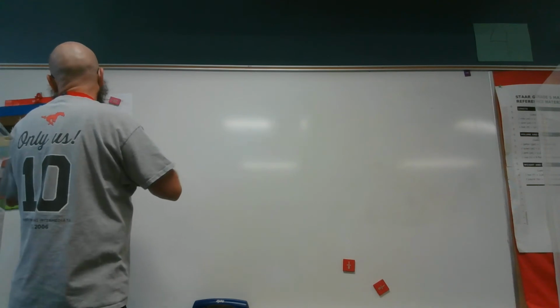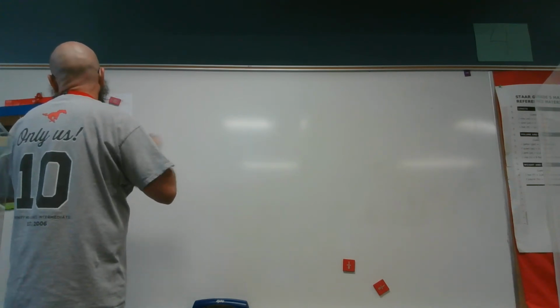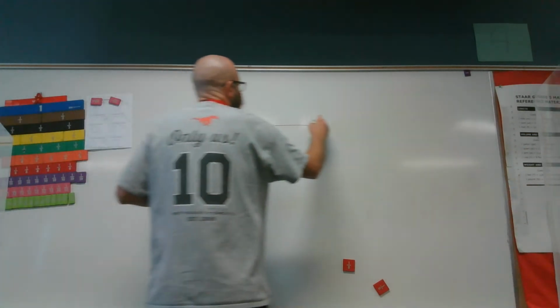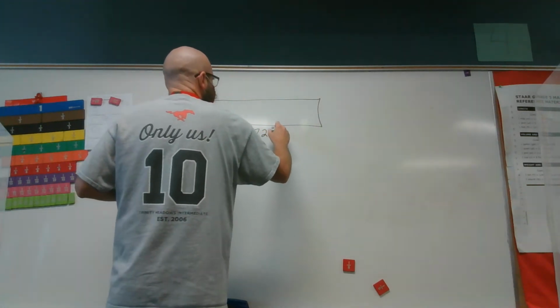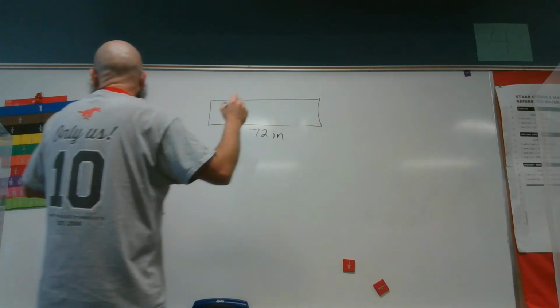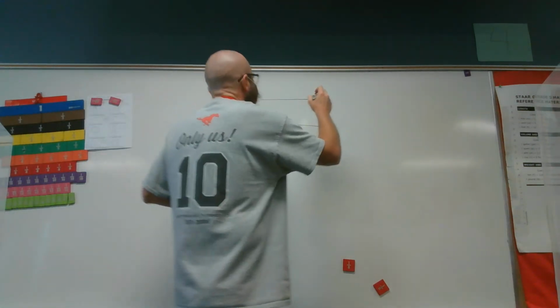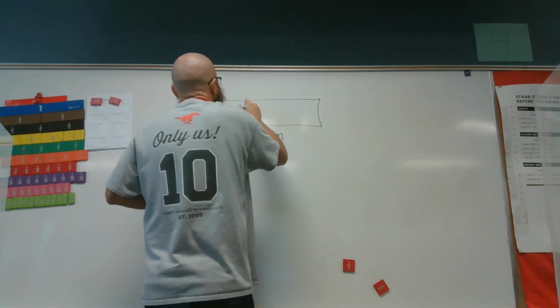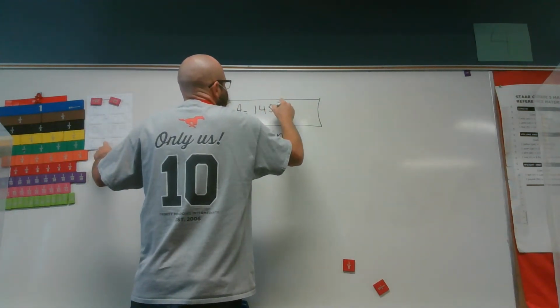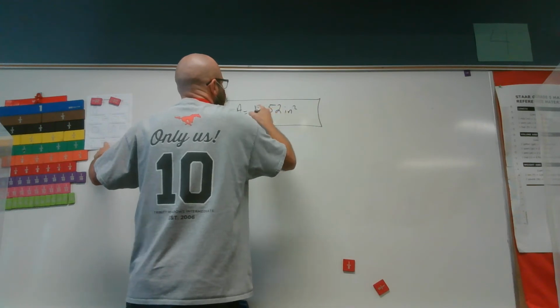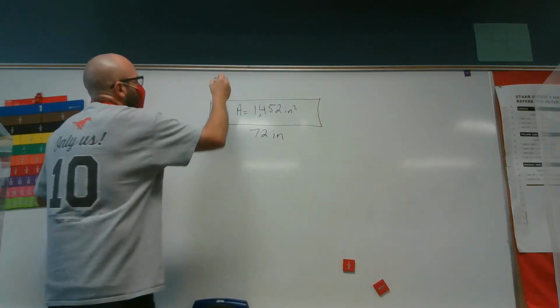Here's my rectangle. And that's 72 inches. And the area equals 1,452 square inches. And you have to find the width.